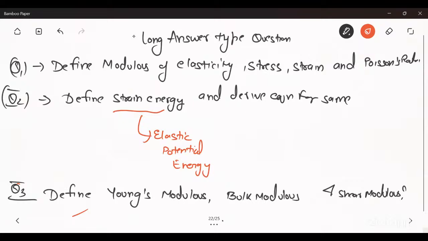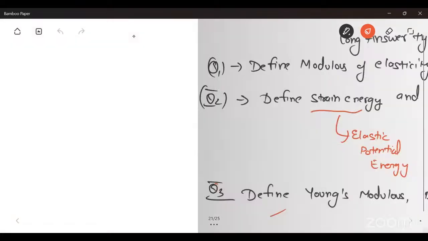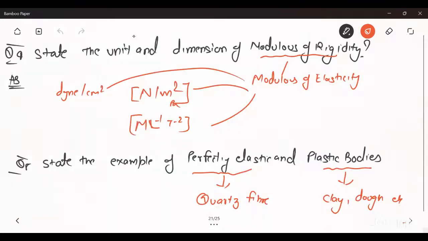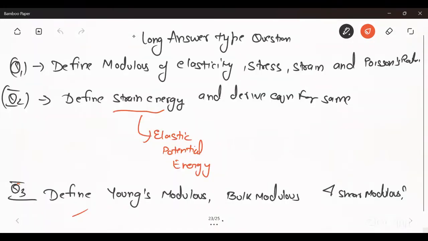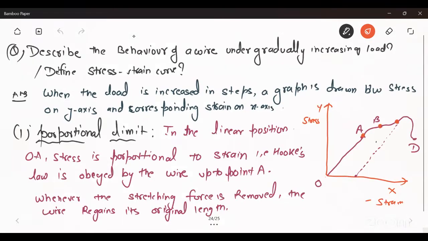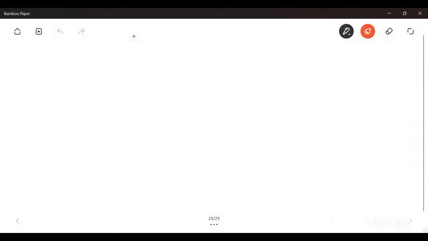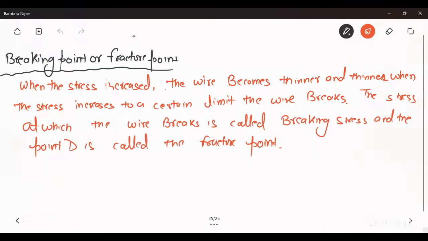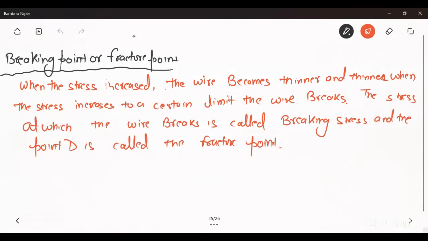So at least you have to practice all these questions, very short answer questions and long answer questions. There will be no numerical in this chapter which had come in your previous year questions. Okay. So firstly, you have to prepare all these questions. So that's all in this chapter.